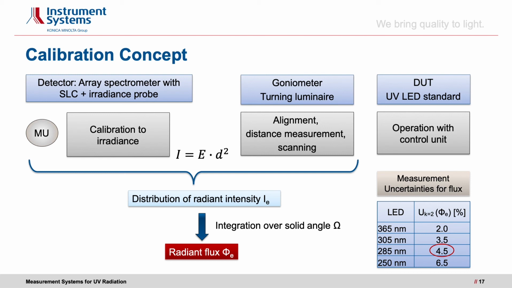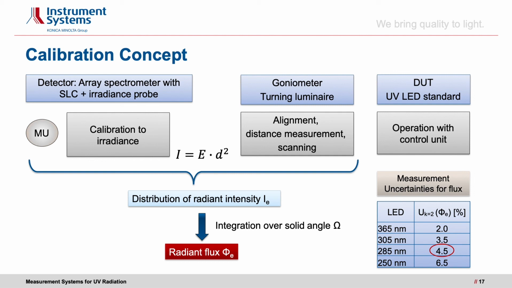After the irradiance measurements are performed at each angle with a goniophotometer, the distribution of radiant intensity is calculated using a well-known mathematical expression. This is basically irradiance times the squared distance, and integration over the solid angle omega will finally deliver the value for the radiant flux.